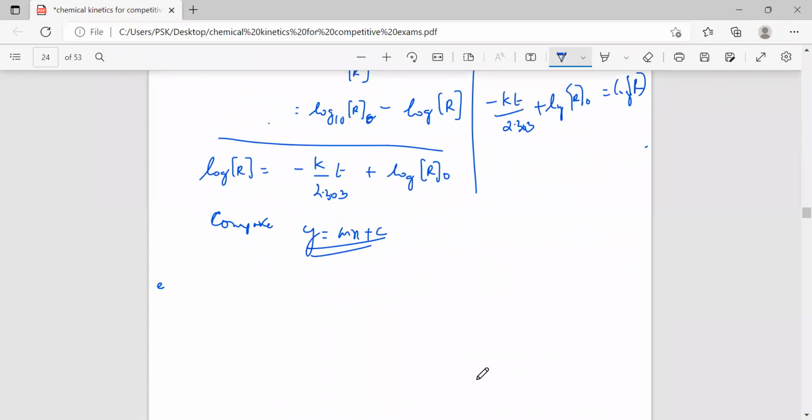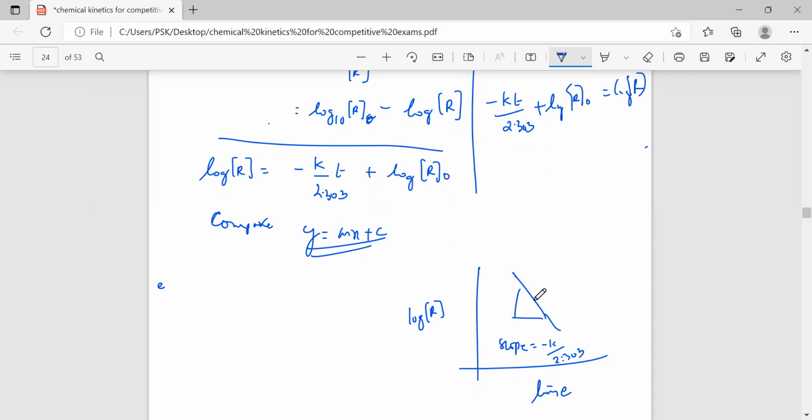So when you plot a graph of log R versus time, we get a straight line with a negative slope, and the slope is equal to minus k by 2.303. So this is the graphical representation of the first order reaction.